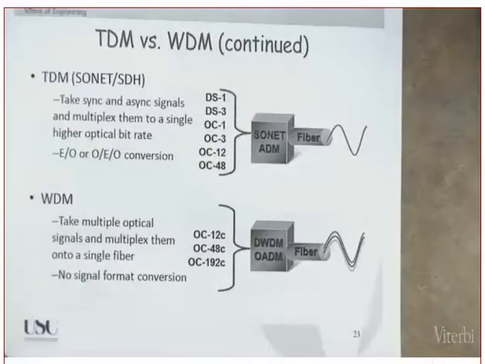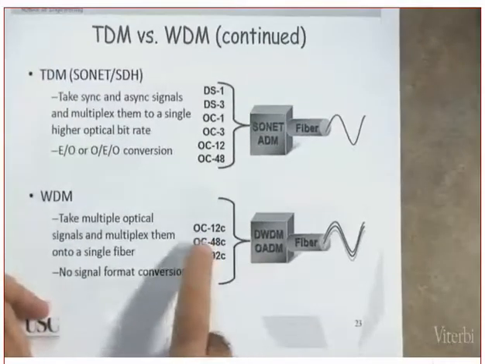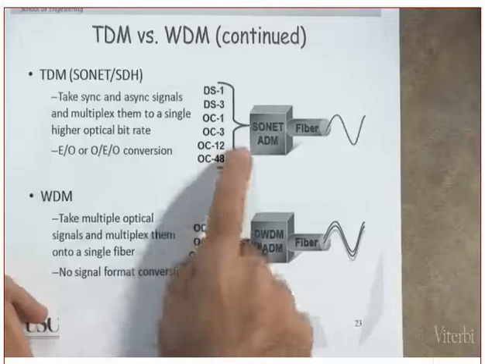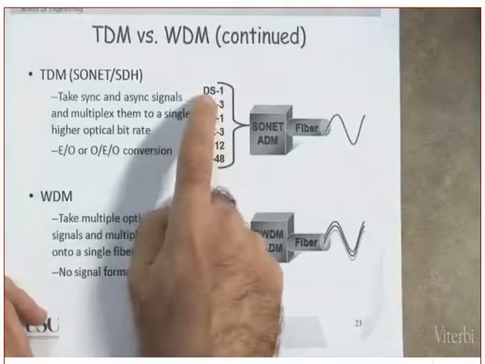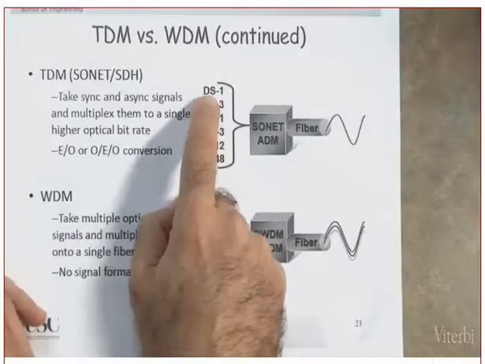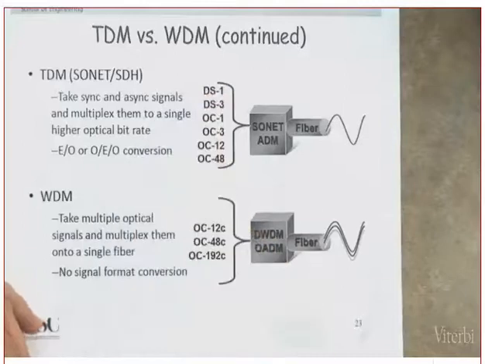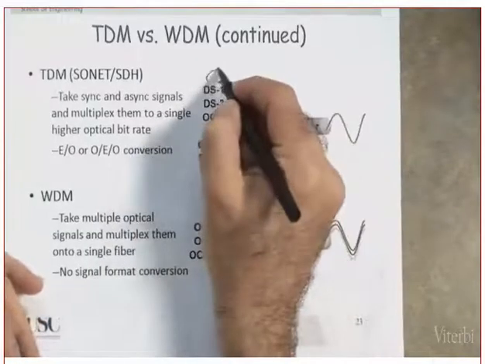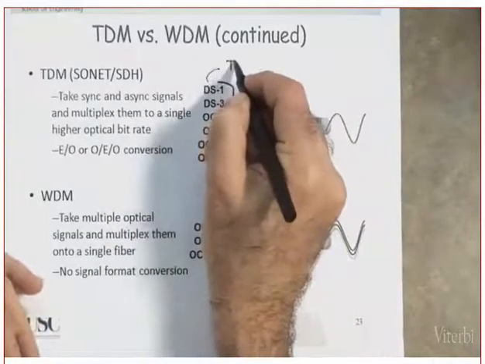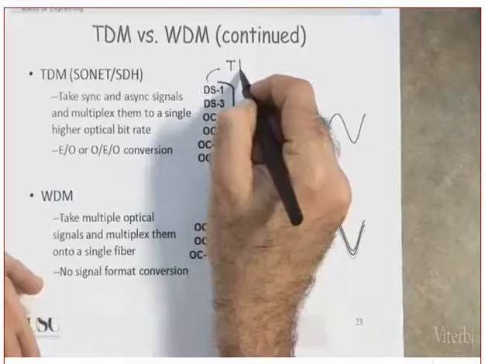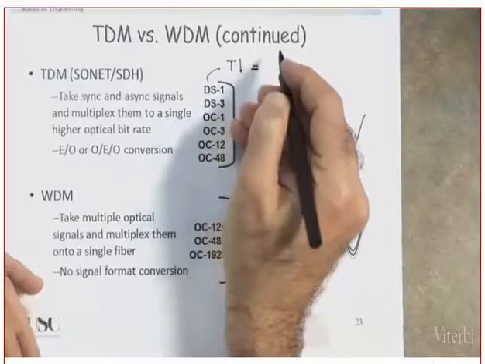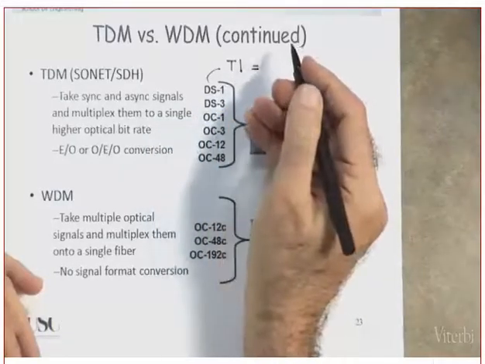By the way, this one is totally optical. Whereas in this one, some of them are digital signals. DS stands for digital signal. DS1, anybody know what this one is? This is a T1. Do you remember the rate of T1?